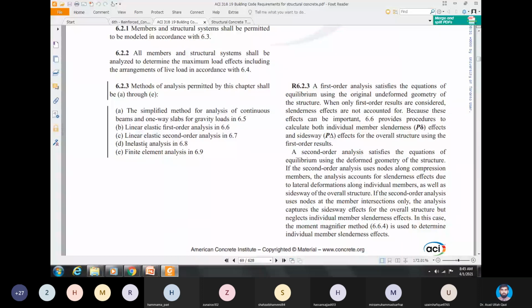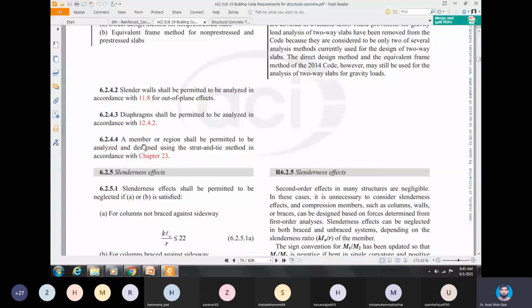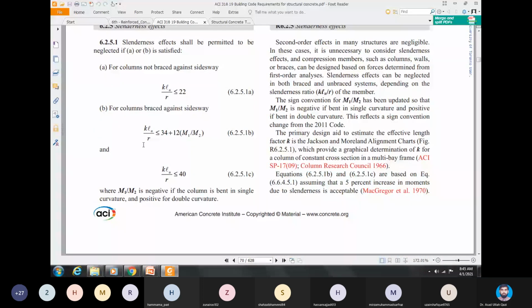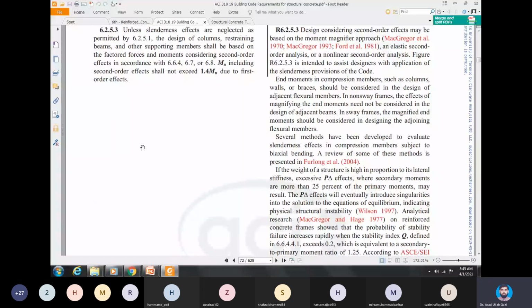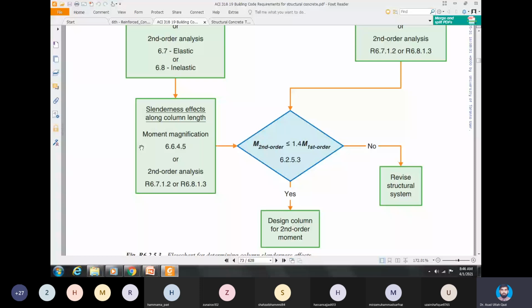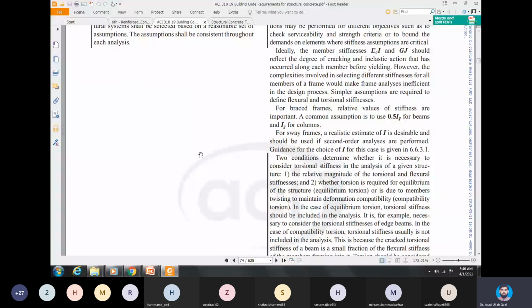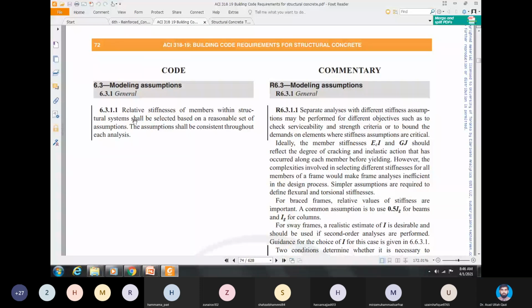So in this way, you will find that in 2019, in most of the portions, there are lines along the text in modeling assumptions and the chapters.